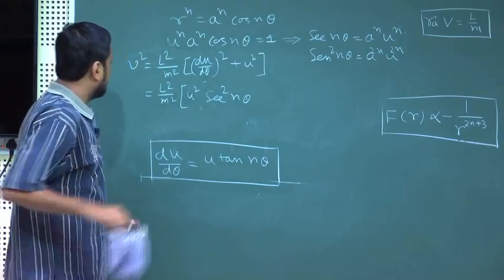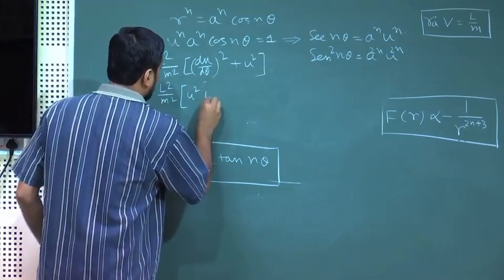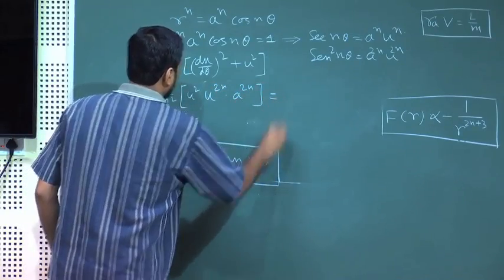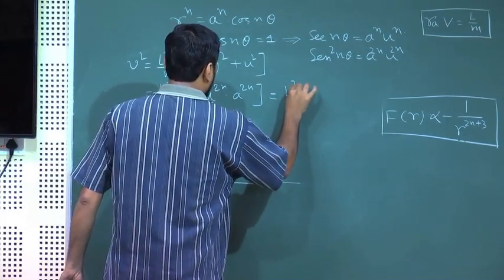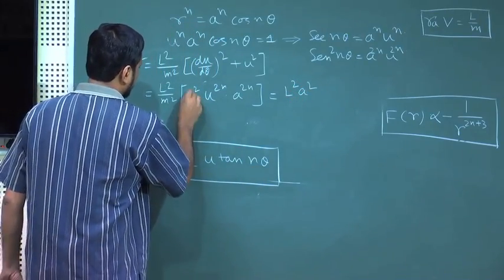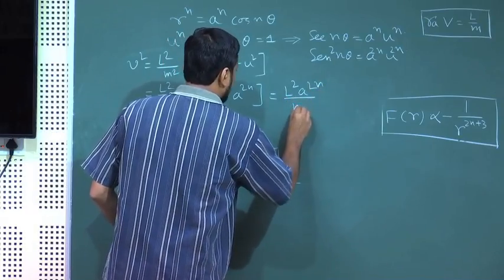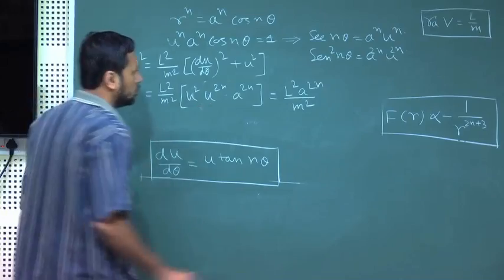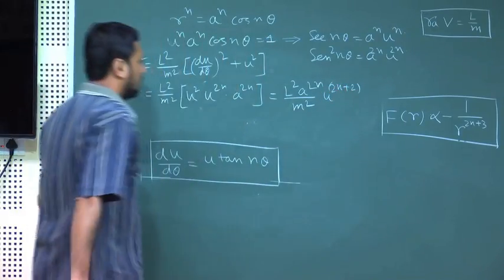So, sec square n theta is u to the power 2n a to the power 2n. So, the final expression is L square a to the power 2n by m square, u to the power 2n plus 2.